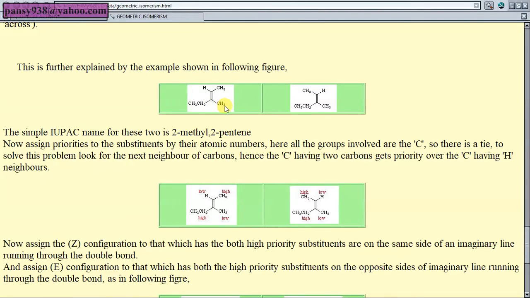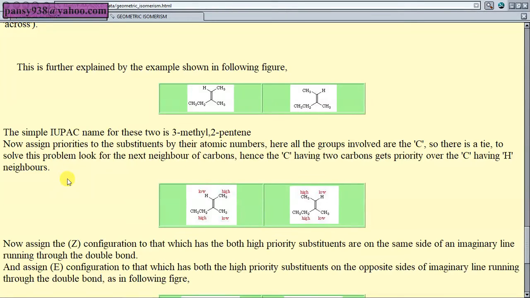The methyl is at carbon number 3. So the IUPAC name for this compound is 3-methyl-2-pentene. In both of the isomers, the situation is the same.